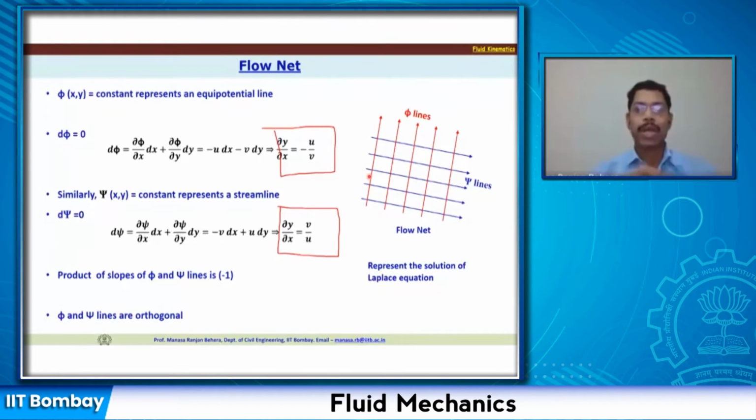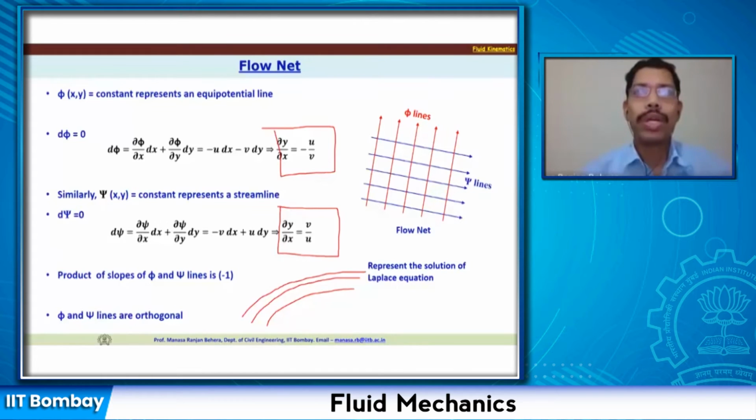And just to make sure that you don't misunderstand things, I may have the psi lines like this. By freehand, I'm trying to draw, so it may not necessarily be correct.